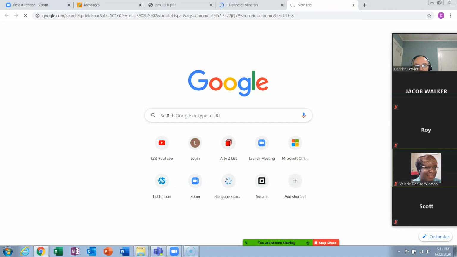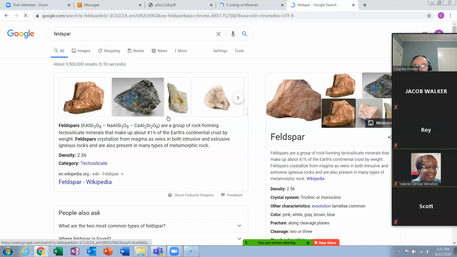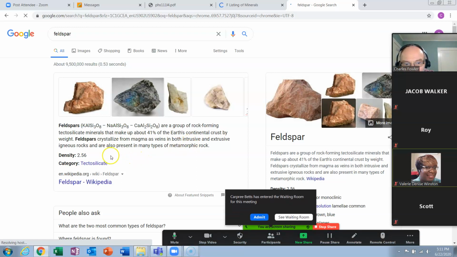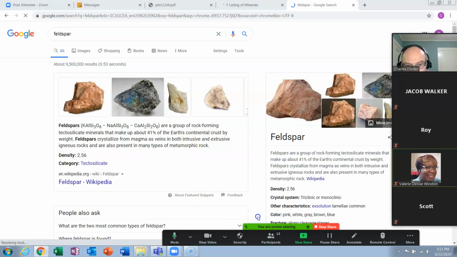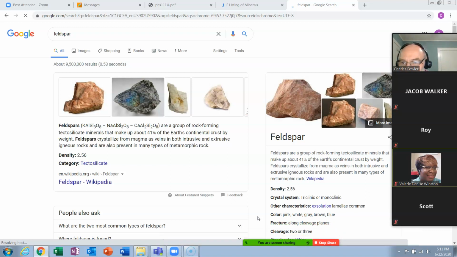I don't know why it's so slow today. Here we go. Feldspar. Feldspars are a group of rock forming minerals.